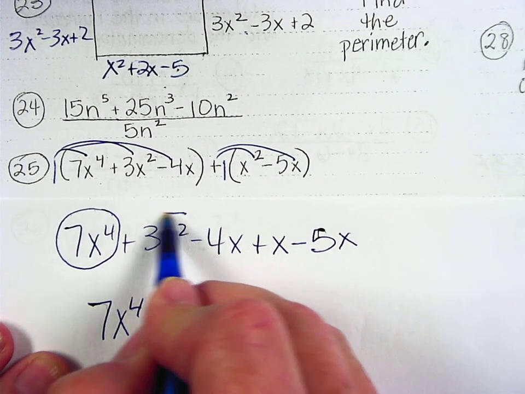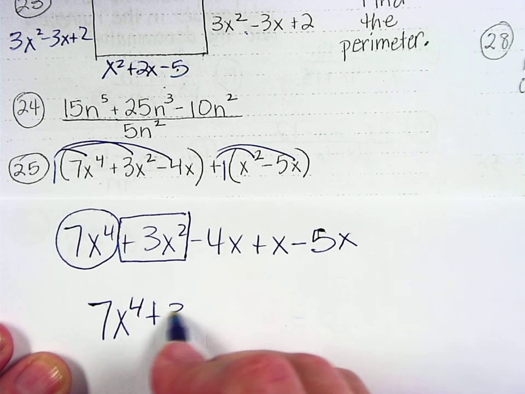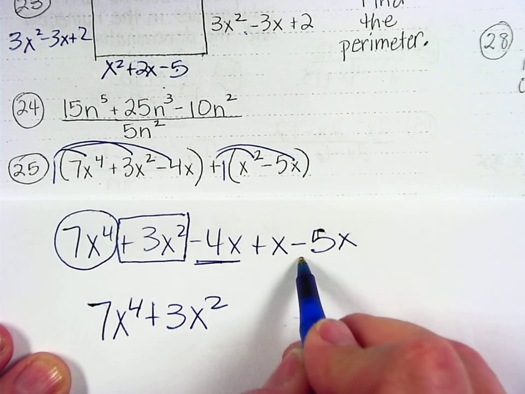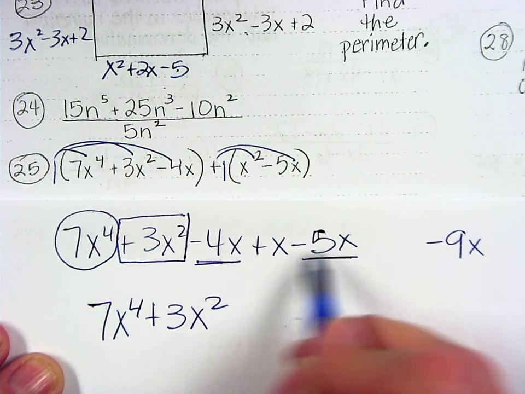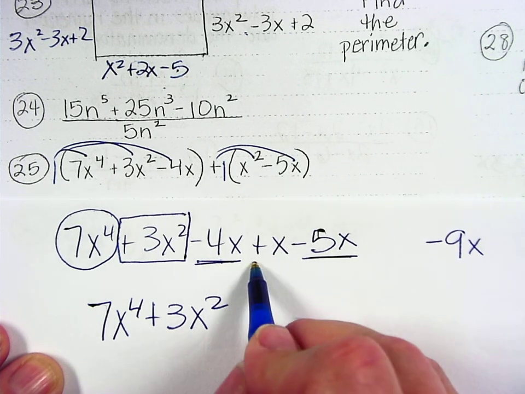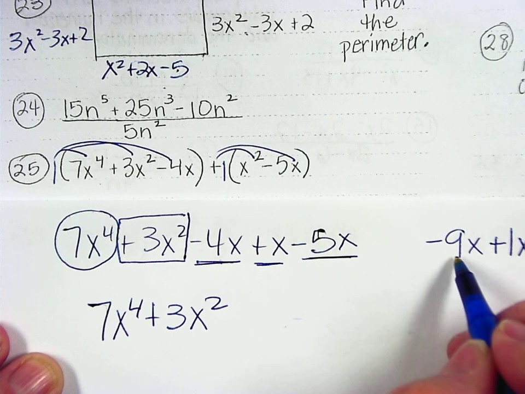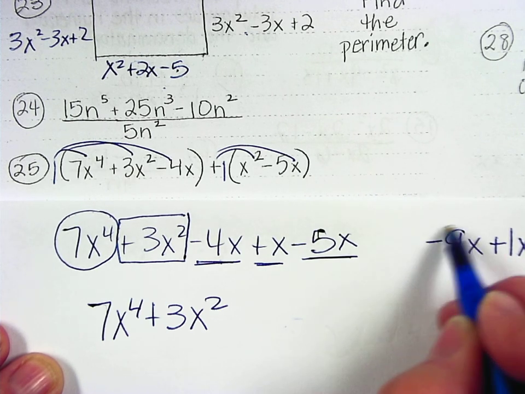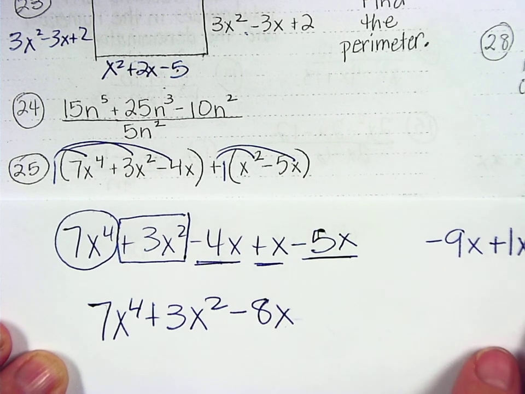Next highest exponent, no other x squareds to hang with. I have a negative 4x and a negative 5x. That's negative 9x when I put all those negatives together. But then I also have one positive x. If I have 9 negatives and 1 positive, I have a lot more negatives. How many negatives do I have left over? 8. And there's my answer.